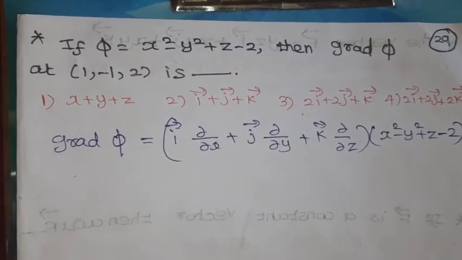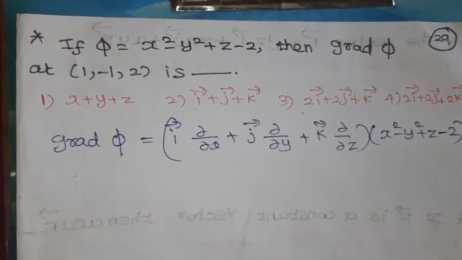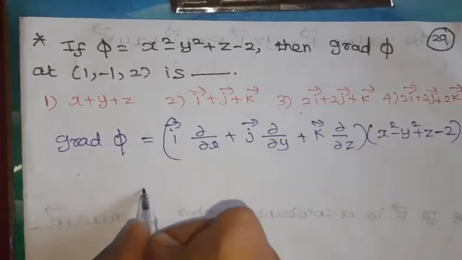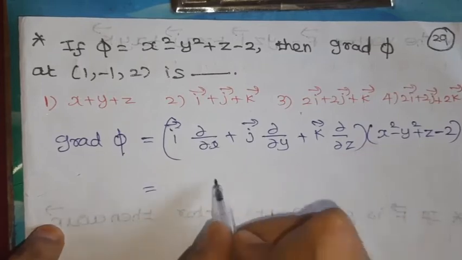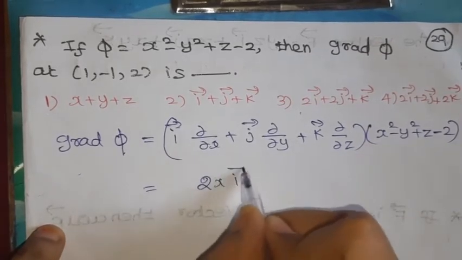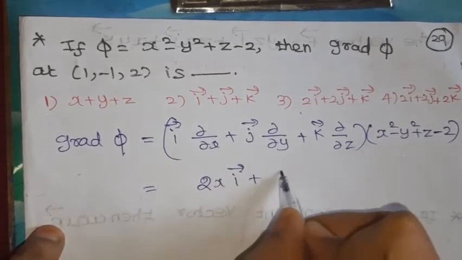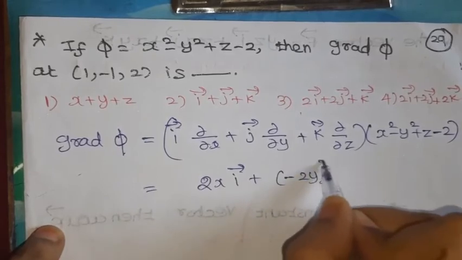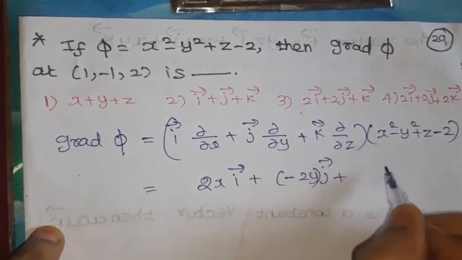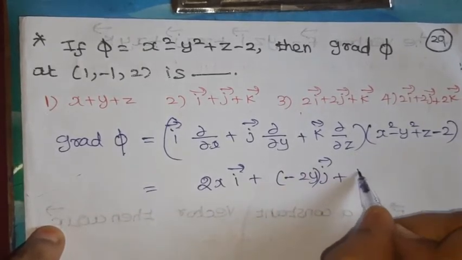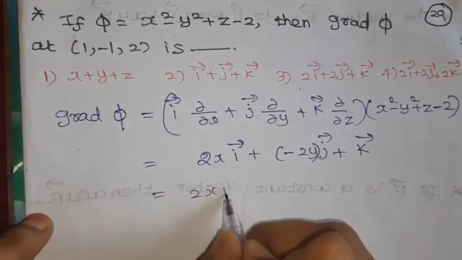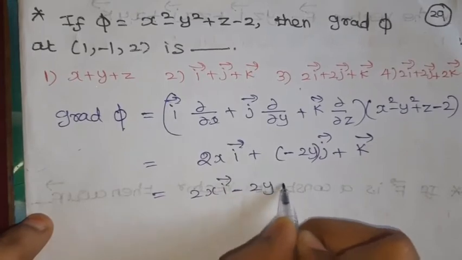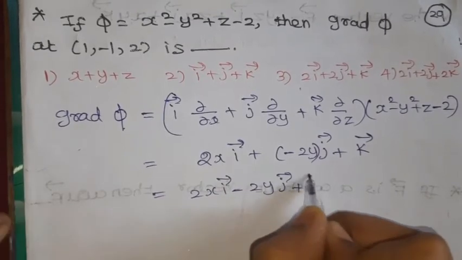This is simple. Dou by dou x of this, what we will get? 2x i. Then dou by dou y of this, minus 2y j. Dou by dou z, k vector. 2x i minus 2y j plus k.